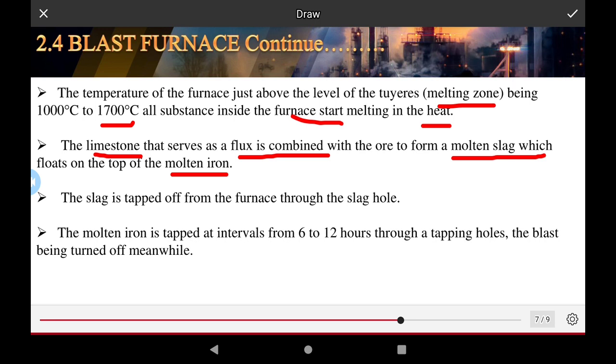The slag is tapped off from the furnace through the slag hole. The molten iron is tapped at intervals of 6 to 12 hours through a tapping hole.